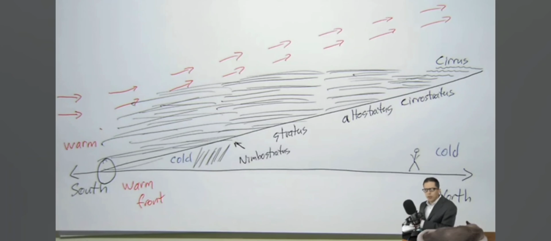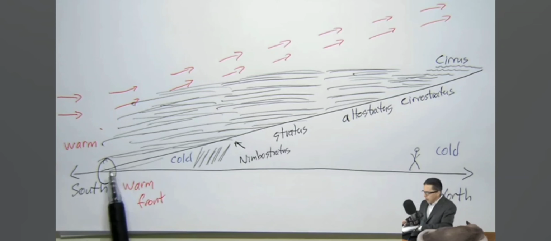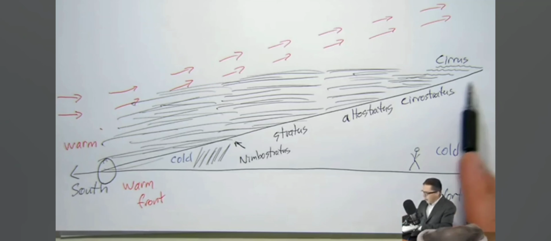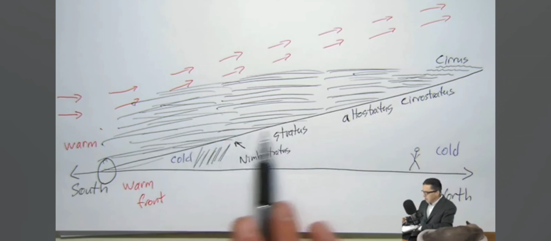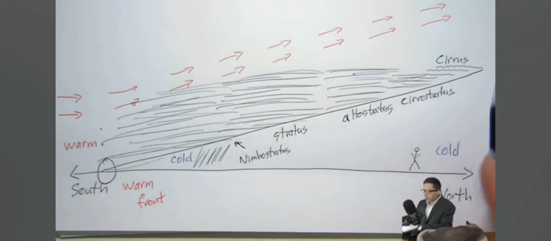All right, so let's think about the series of events that would happen here. If you're out here and this warm front is approaching you, now to get from this point to this point might take 24 hours, could be more, could be less. But let's just say this whole thing takes a day and a half, okay? So you're standing out here, and this warm front approaches.